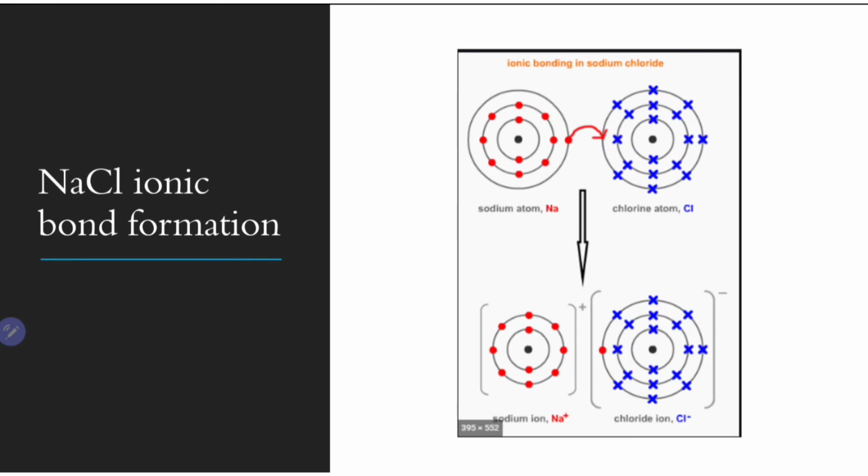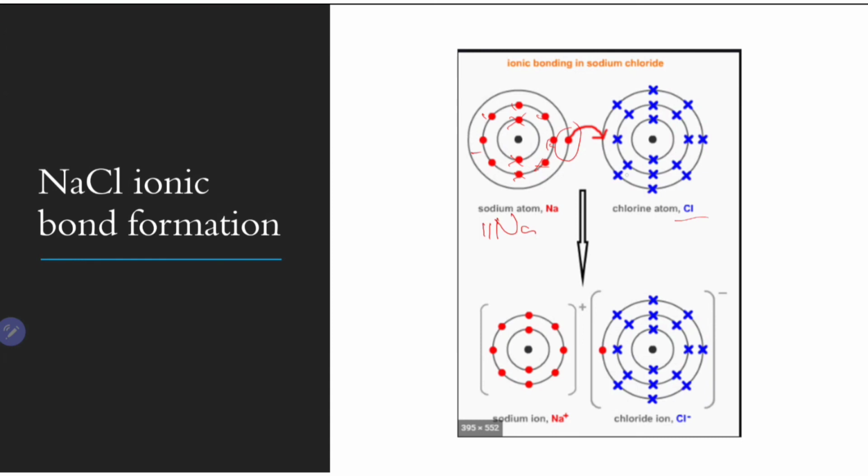For NaCl ionic bond formation, here you have sodium number 11. So 2, this one, 8, this one, then 1, this. In the outermost shell there is only 1, which we give to chlorine.